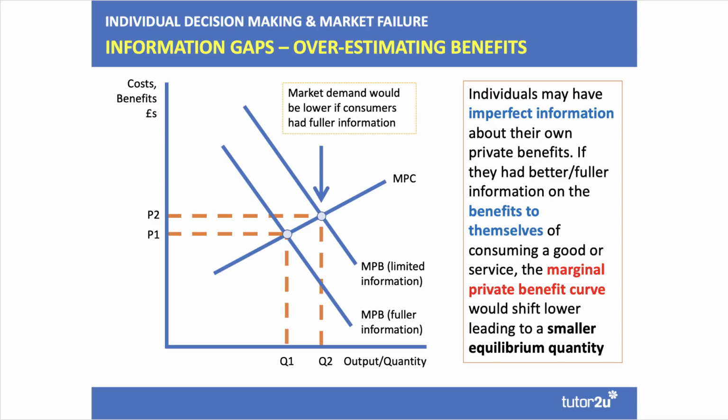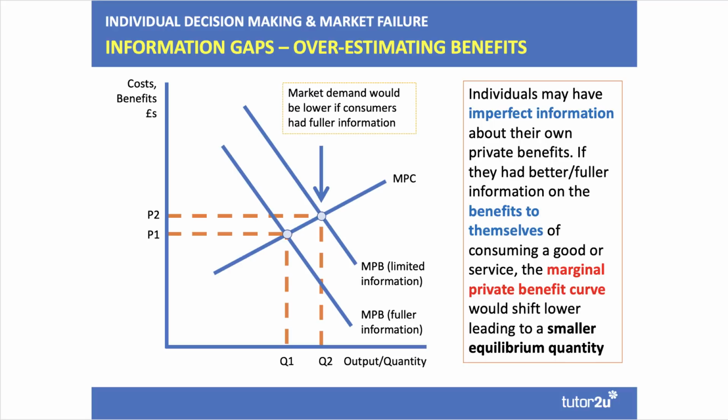Information gaps, quite important, particularly if you've been studying merit goods and demerit goods, information failure. In this situation, I'm assuming that individuals are possibly overestimating the value to themselves of the product, or perhaps underestimating the cost.